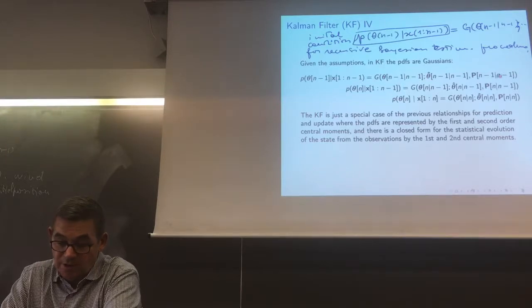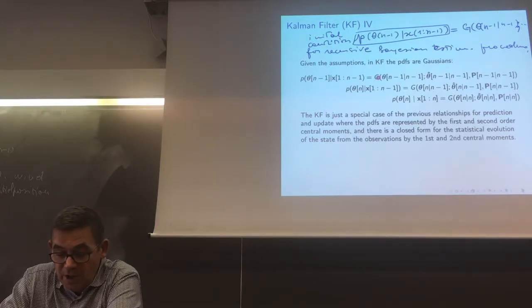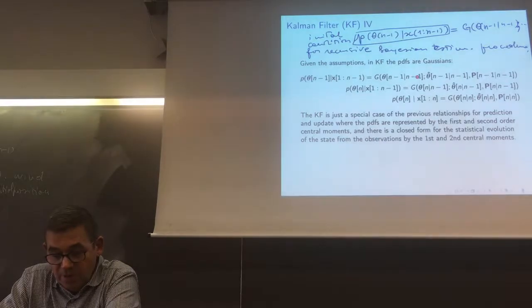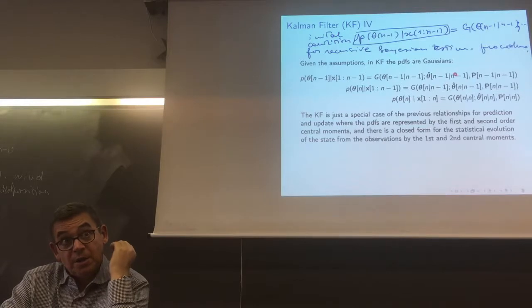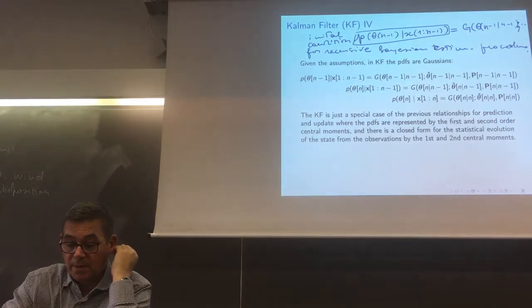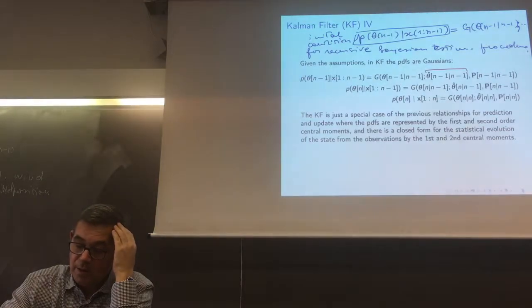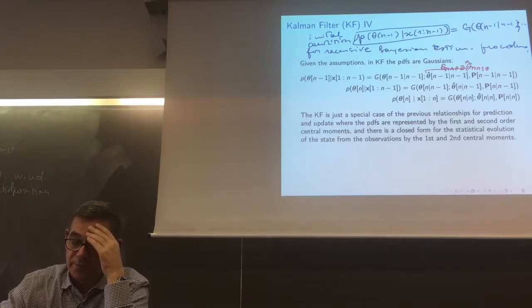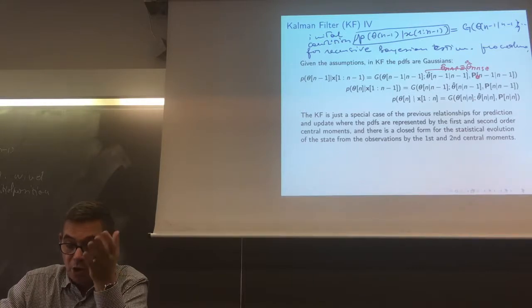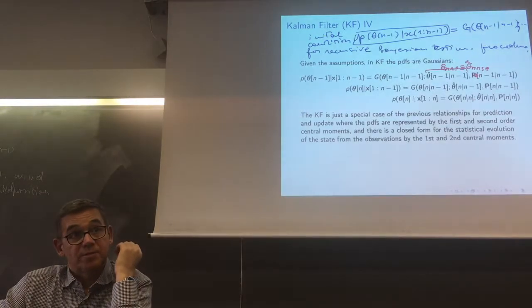The mean is Gaussian because the previous iteration was Gaussian, and the estimate is the MAP and MMSE because of the Gaussian. And P is the a posteriori covariance at iteration n minus 1.